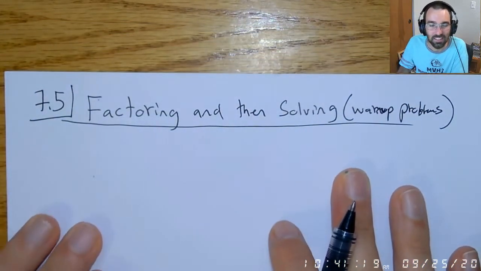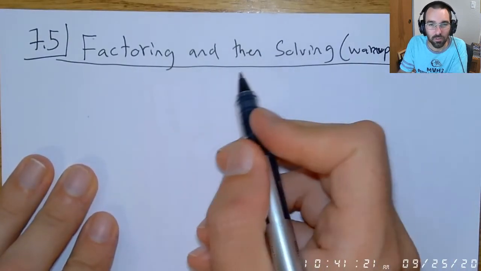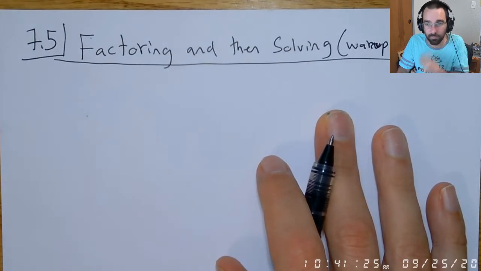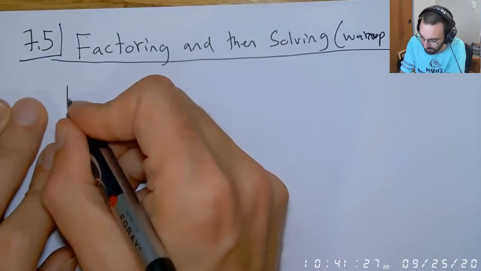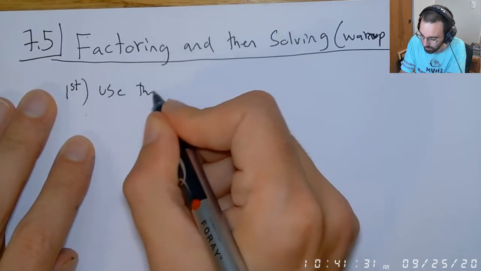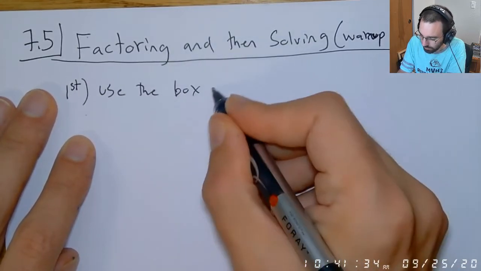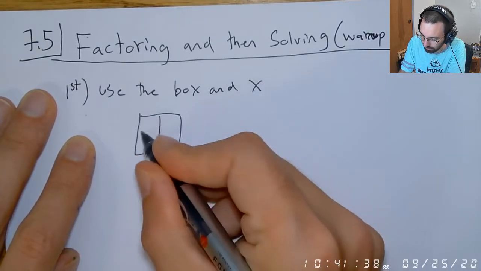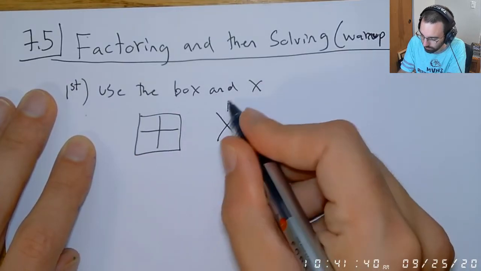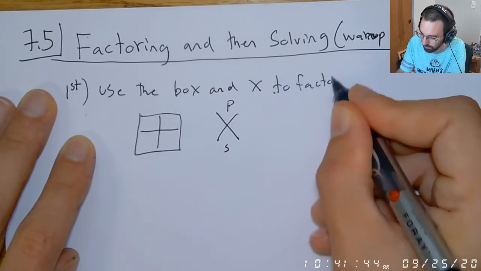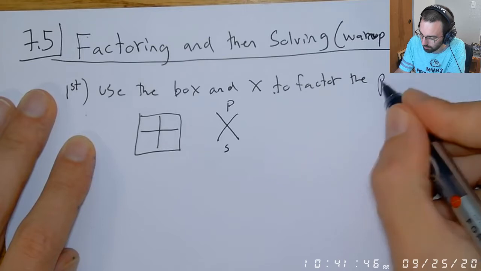Quality fakeness. Okay? So we're going to do factoring and then solving. So we have to remember with factoring and then solving, okay? So first step, use the box and x, so that's this, to factor the polynomial.